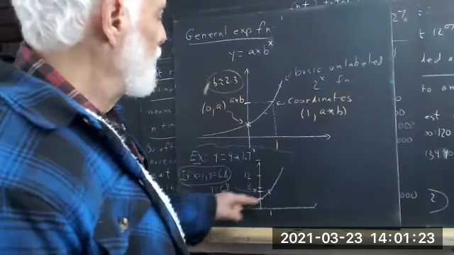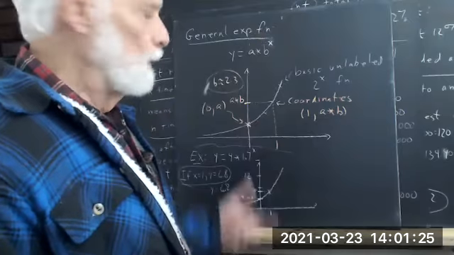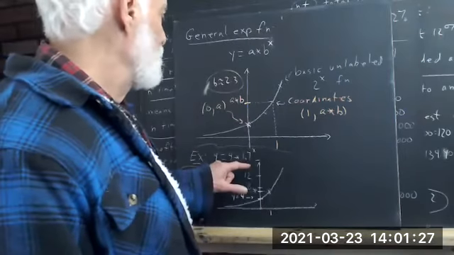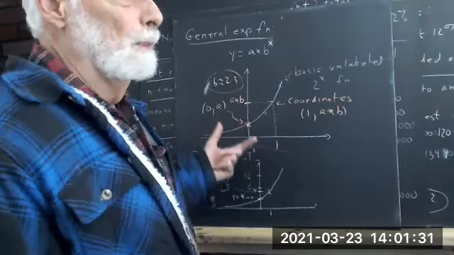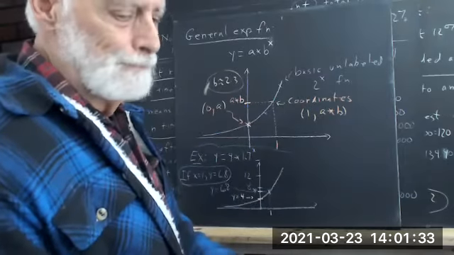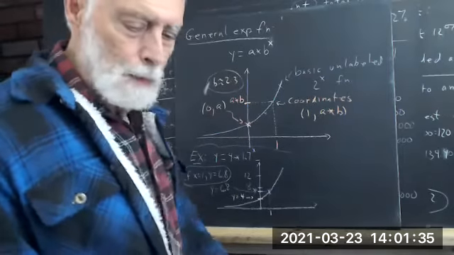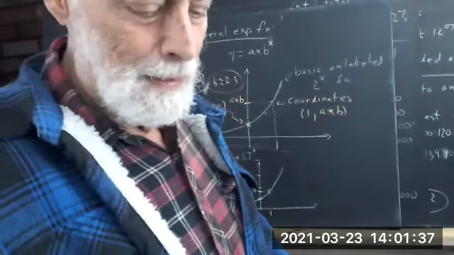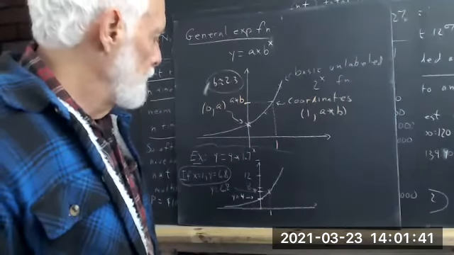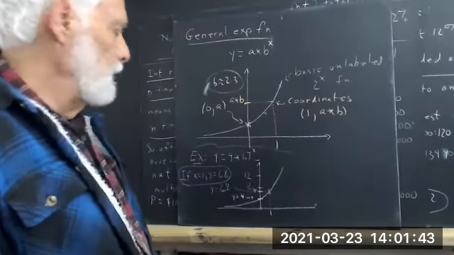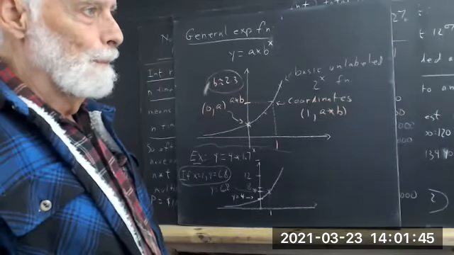And now we've taken our 2 to the x graph and we've made it into 4 times 1.7 to the x without really doing much work. It's actually a fair amount to think about, but none of this is particularly difficult, and I hope this will be helpful to you on the homework.